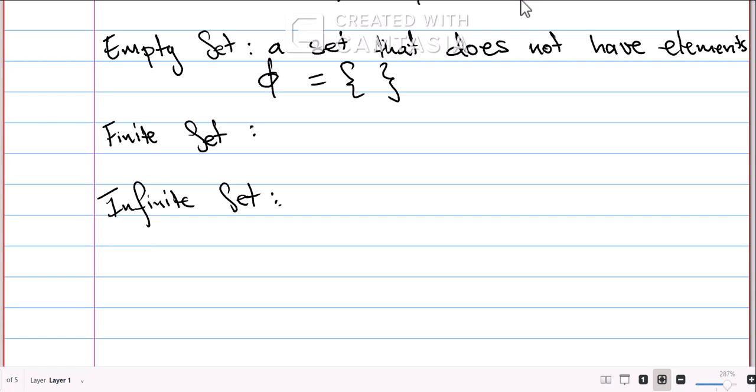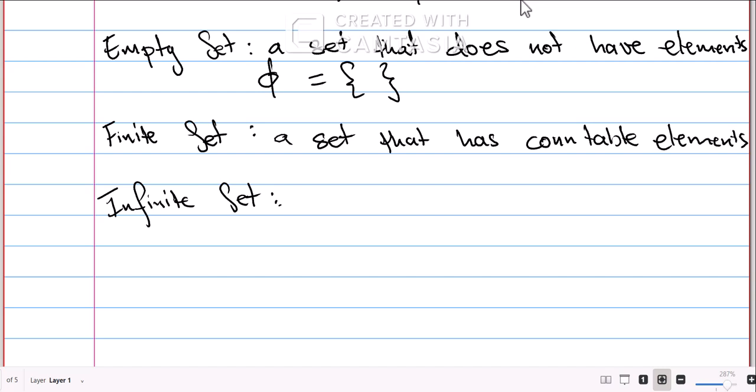A finite set is a set that has countable elements. When we say it's countable, it means we can count each and every element in the set.